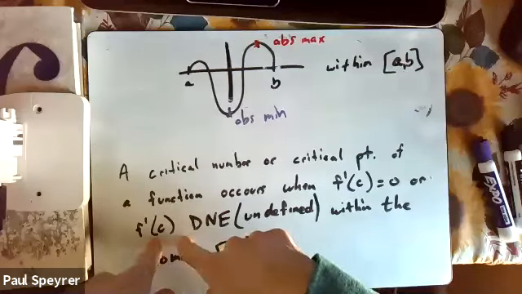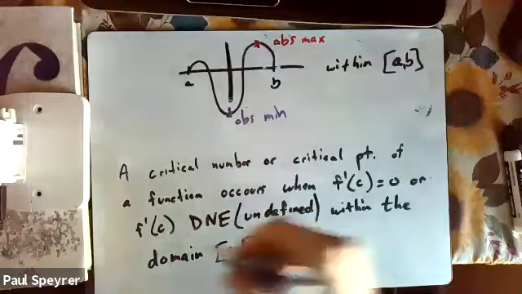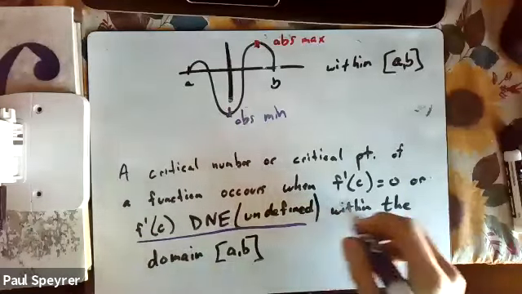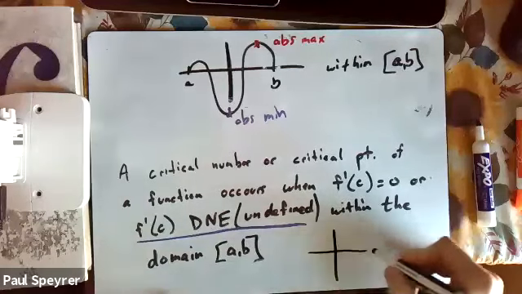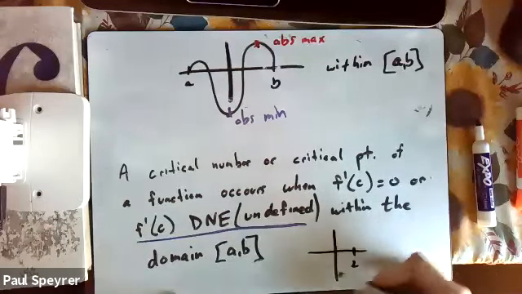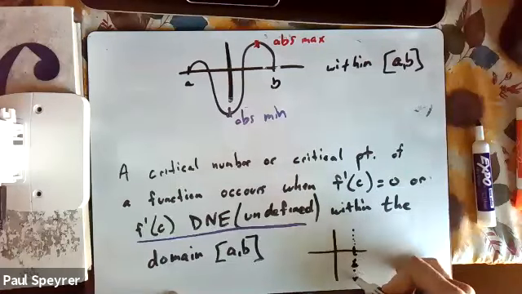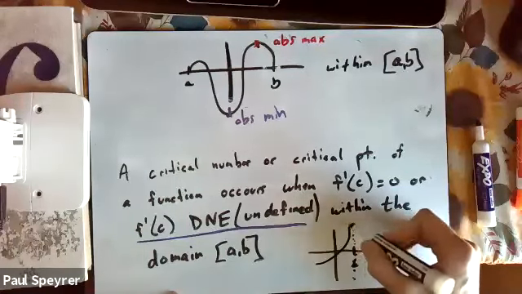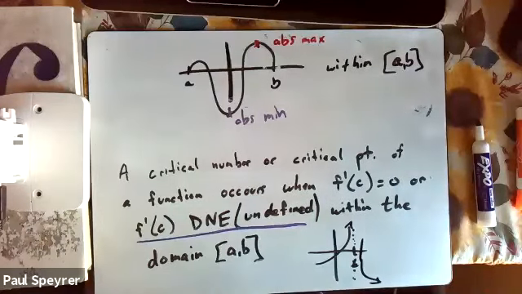Well, it's when you have vertical asymptotes, right? Like in this case, say this is x equals 2, and your line has a vertical asymptote, and our curve is just doing something like this, for example. That's a possibility.